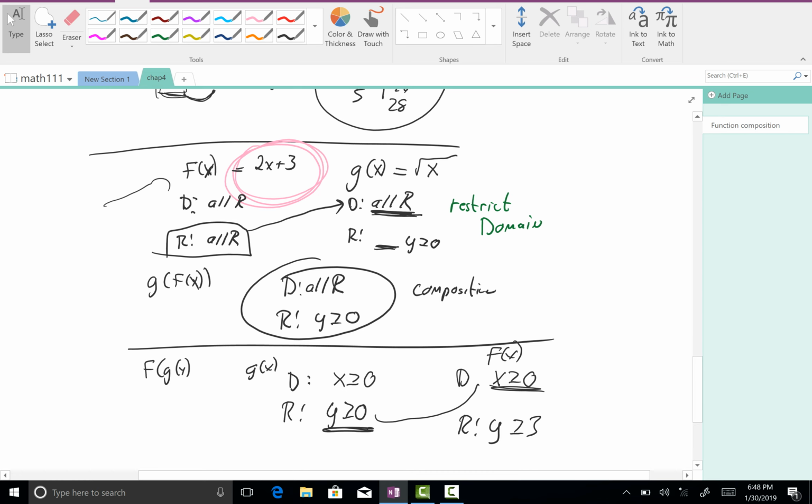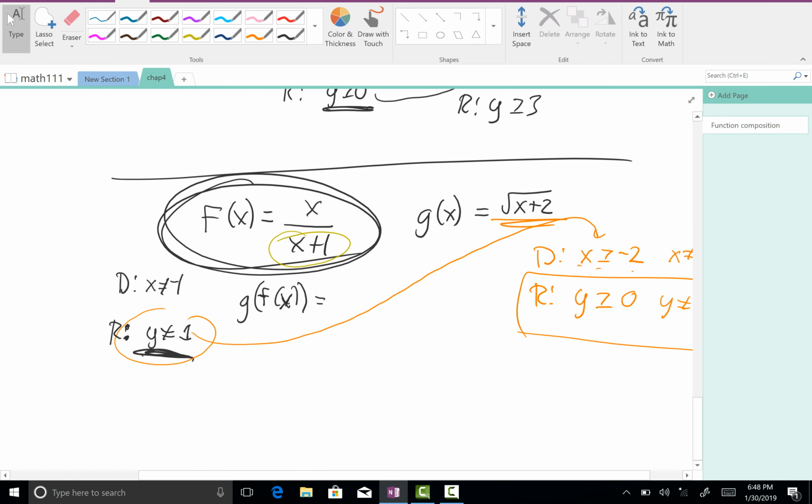And we could do the same thing for the one that I just did, which was x divided by x plus 1, and this was the square root of x plus 2.